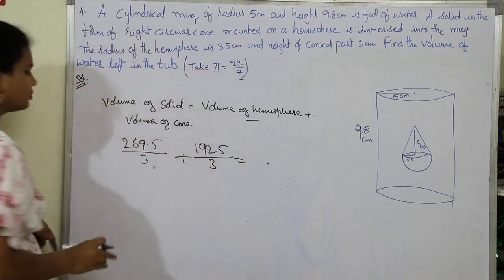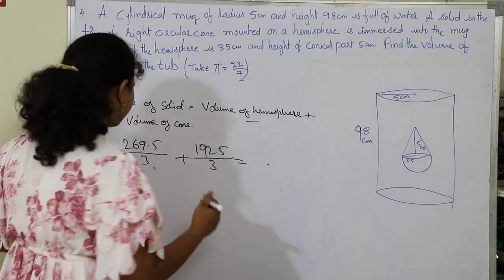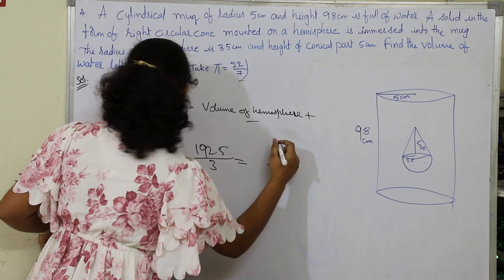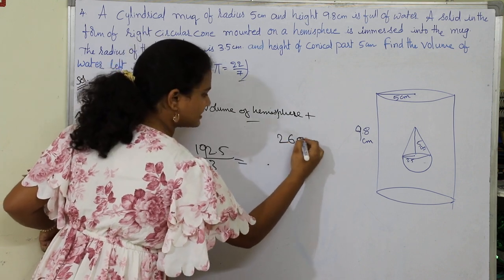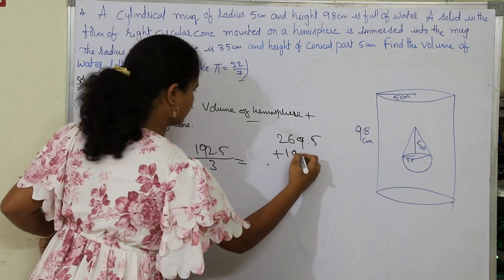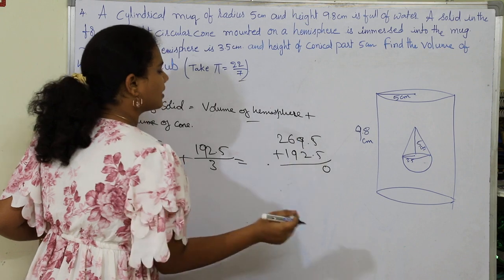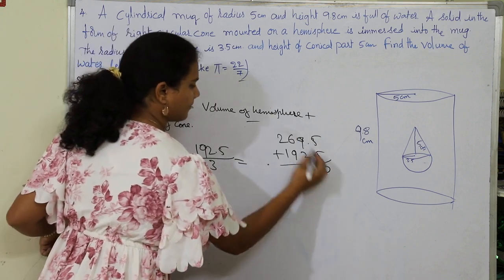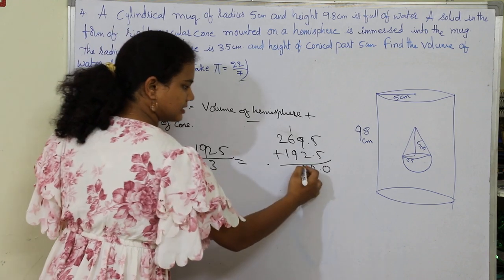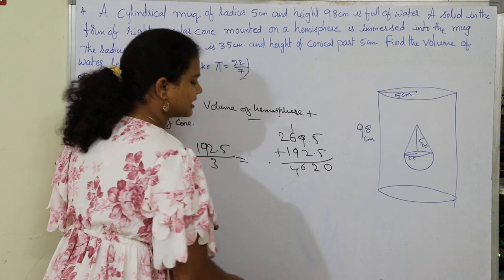So now just add both: 269.5 plus 192.5. This gives 460.